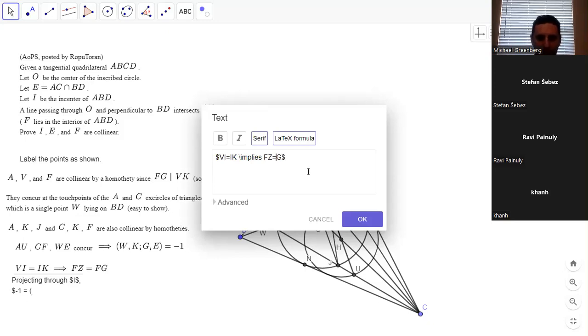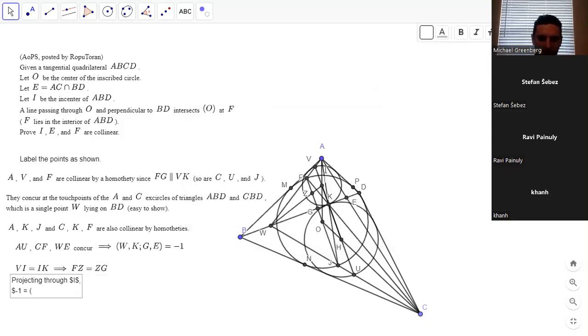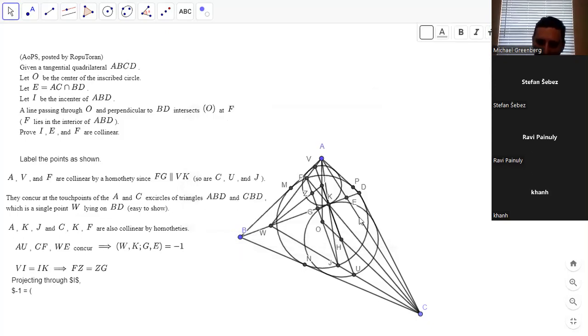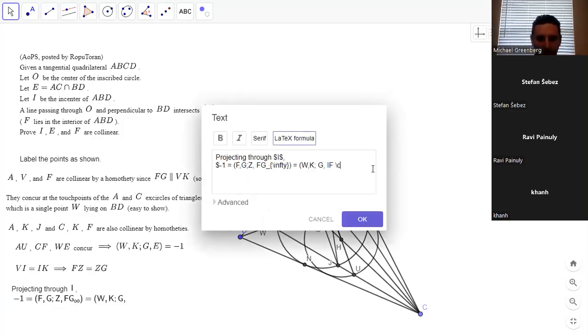So F, G, Z, infinity, and that should be equal to W, K, G, and now we're going to want to do IF intersect WD. And this implies that E equals IF intersect WD, which implies that I, E, and F are collinear.